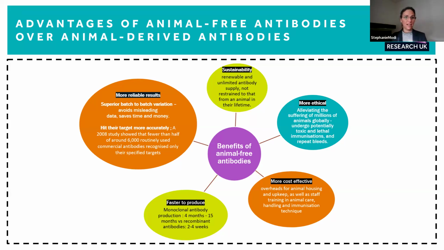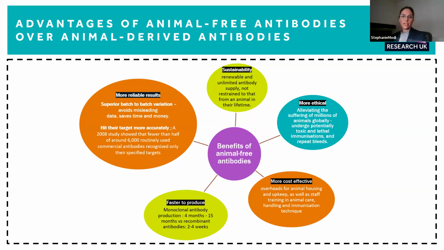And this is going to avoid misleading data. It's also going to save time and money in the long run. And also recombinants hit their targets more accurately. So a 2008 study showed that fewer than half of around 6,000 routinely used commercial antibodies recognized only their specified targets.